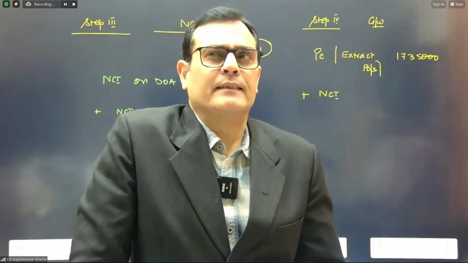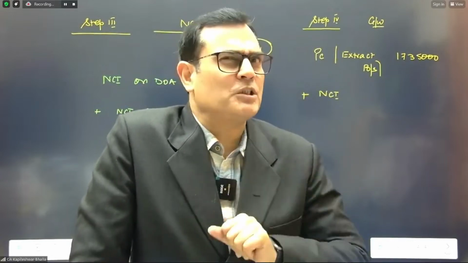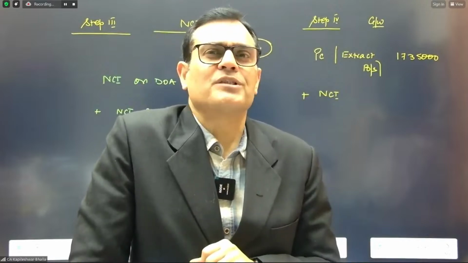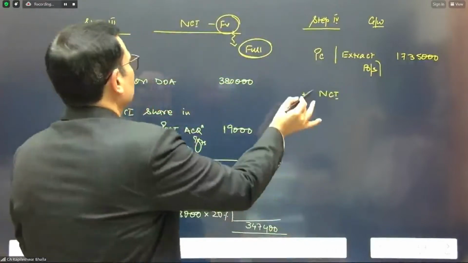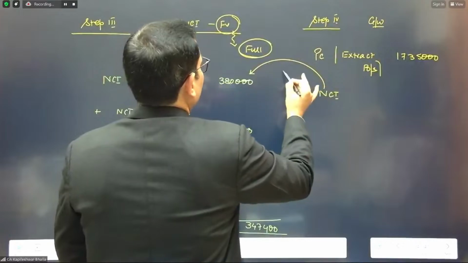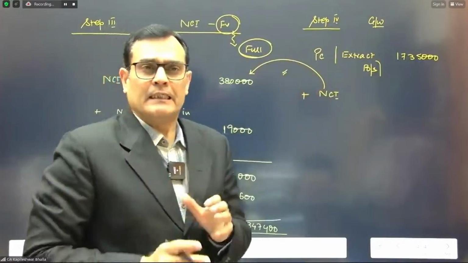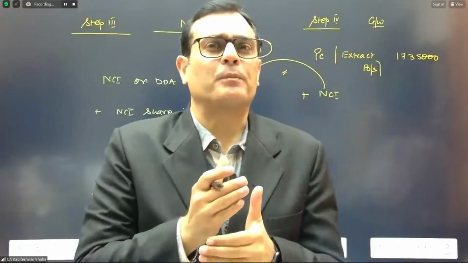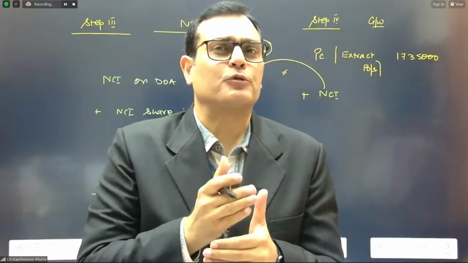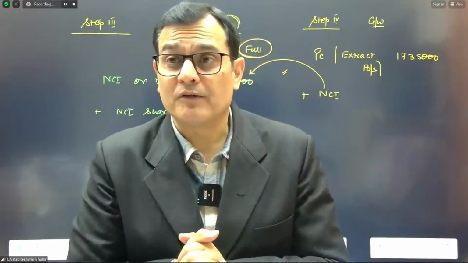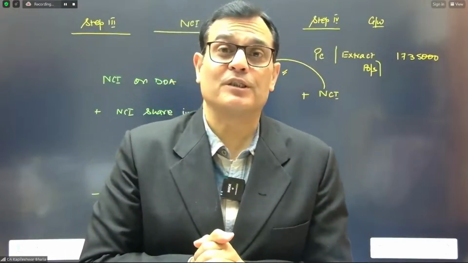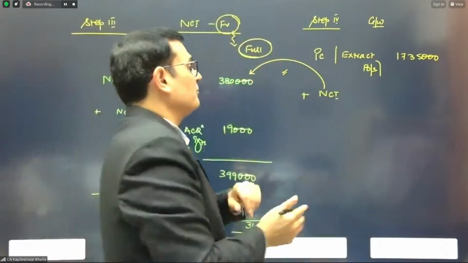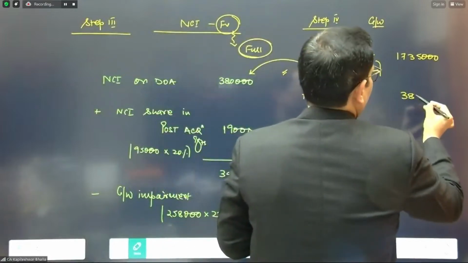And number 2, the NCI is at a fair value, which means that even if there was a dividend, can I comfortably pick up this figure or not? Yes, I can. It is only if the NCI is at proportionate share of net assets, I would not pick up the figure from step number 3. But if the NCI is at a fair value, whether there is a dividend or there is no dividend, doesn't make a difference. Then you can simply pick up the figure from step number 3, that is 3,80,000.